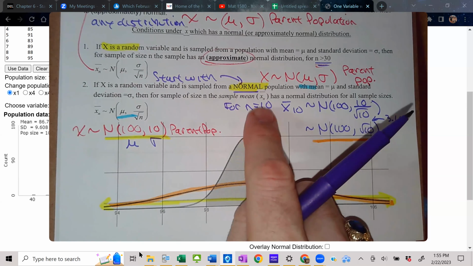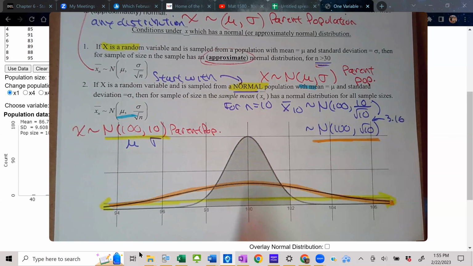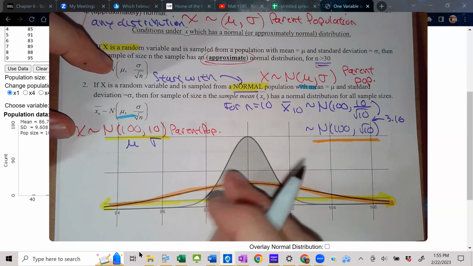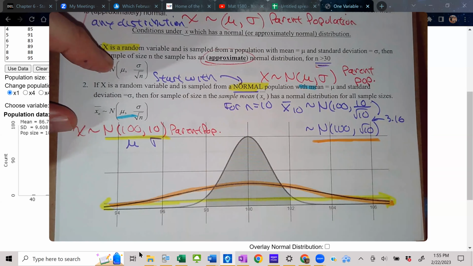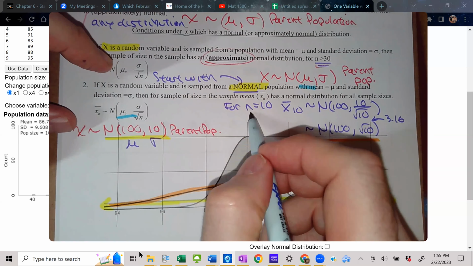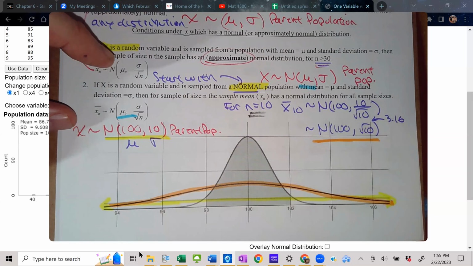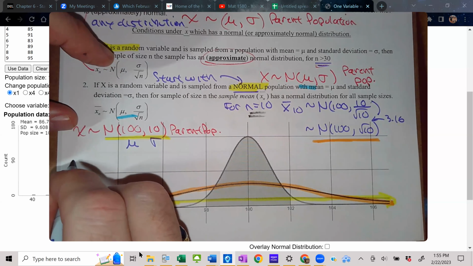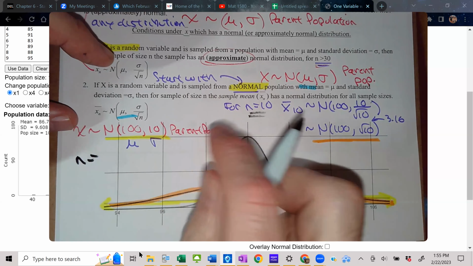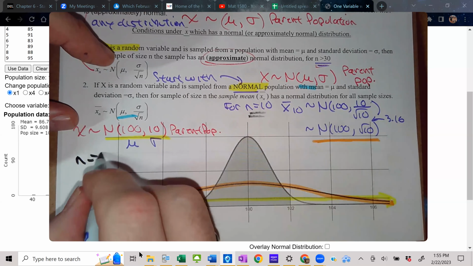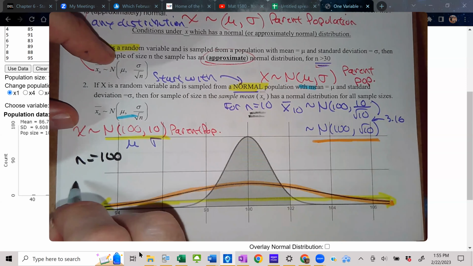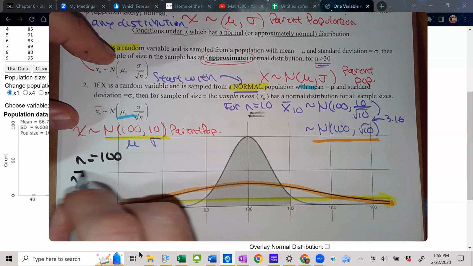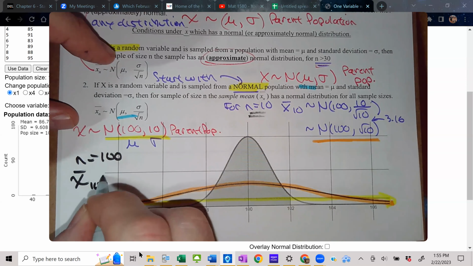Now I'm choosing these numbers, not exactly at random, but out of convenience. And again, they're chosen to match what we have here on our handout. On an exam, you'd be given these numbers or you'd be able to figure that out from the problem. But let's do one last problem and one last part of this. Let's look at samples of size 100 and figure out how X bar for samples of size 100 is distributed.